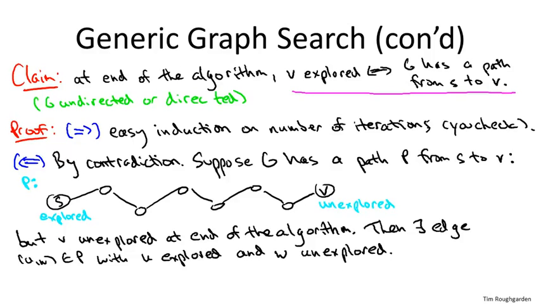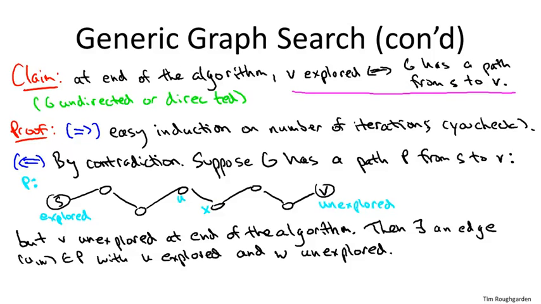That's totally fine. But now in this case, there's something I need you to explain to me. How is it possible that, on the one hand, our algorithm terminated, and on the other hand, there's this edge, U comma W, where U has been explored and W has not been explored? That, my friends, is impossible. Our generic search algorithm does not give up. It does not terminate unless there are no edges where one endpoint is explored and the other endpoint is unexplored.